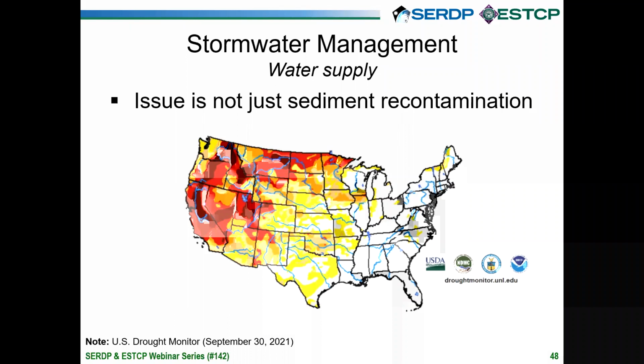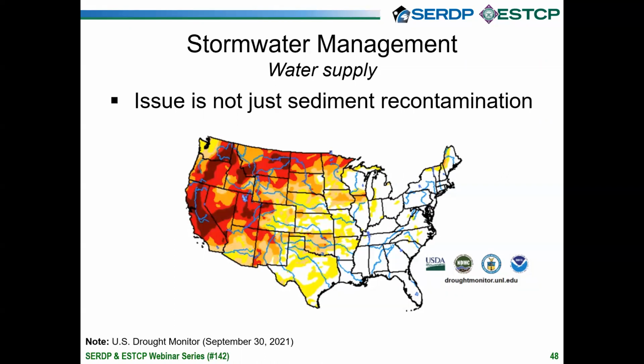Still, essentially the western part of the country, and particularly the Southwest, has been experiencing a drought for a long time. And this stormwater capture and use then provides an opportunity to augment our water supplies, most likely by recharge into the ground. And as we do that, we also, at the same time, prevent sediment recontamination.